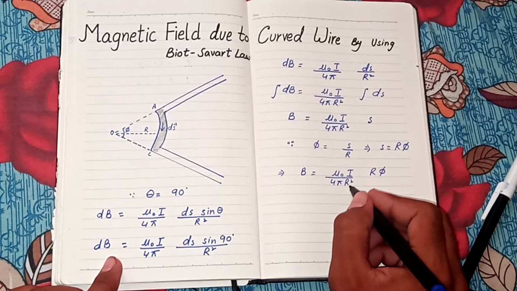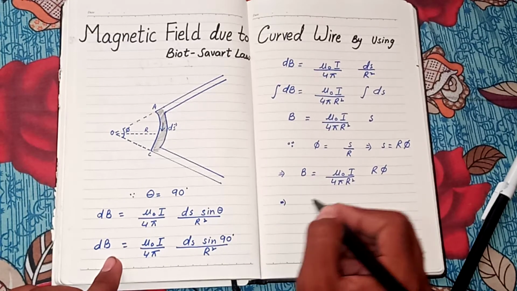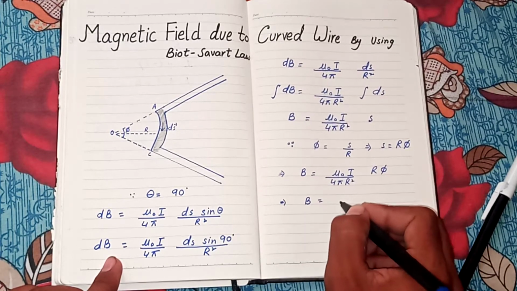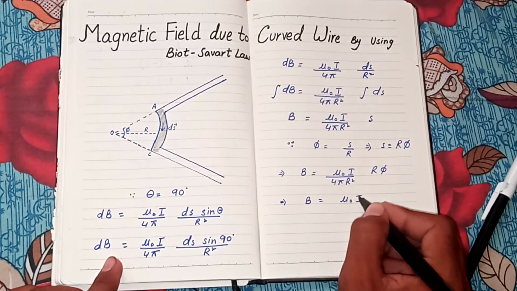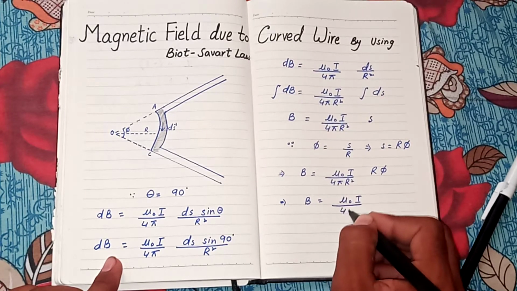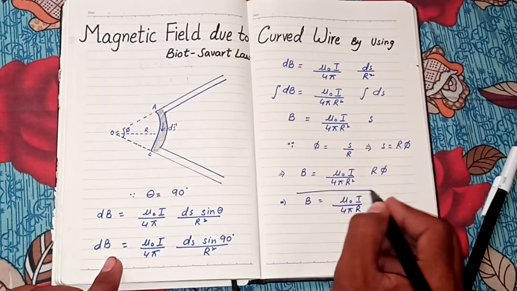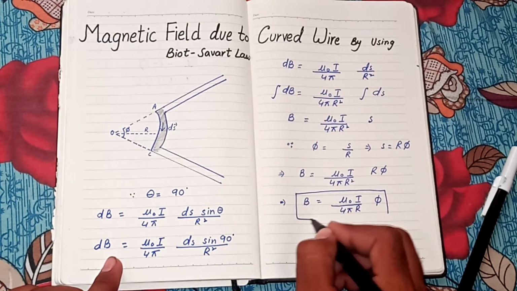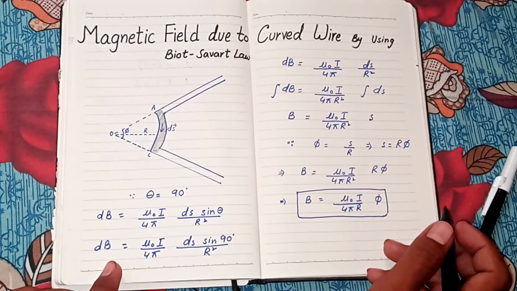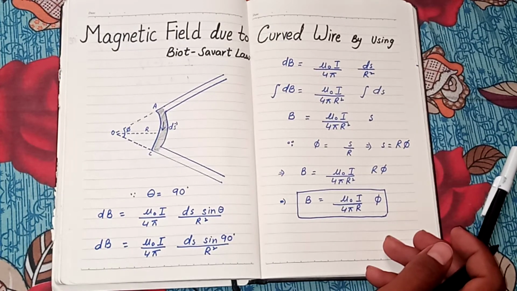This r cancels this r and our equation becomes B equals mu naught I upon 4 pi r into phi. This is our final equation for magnetic field due to curved wire.